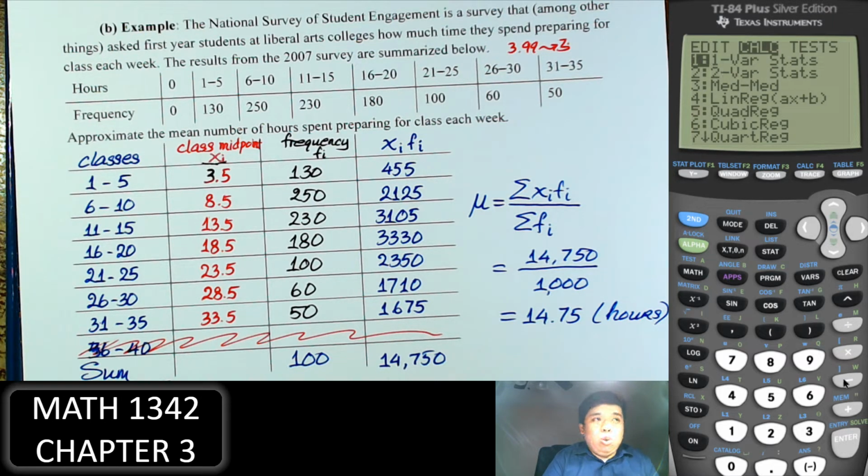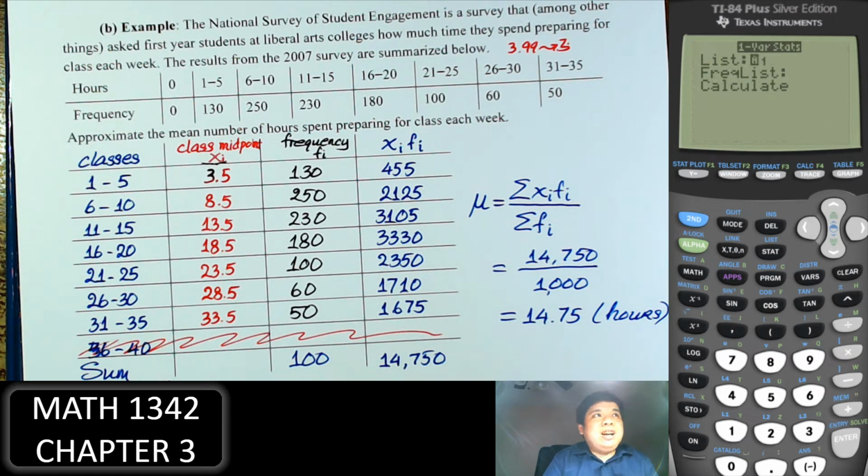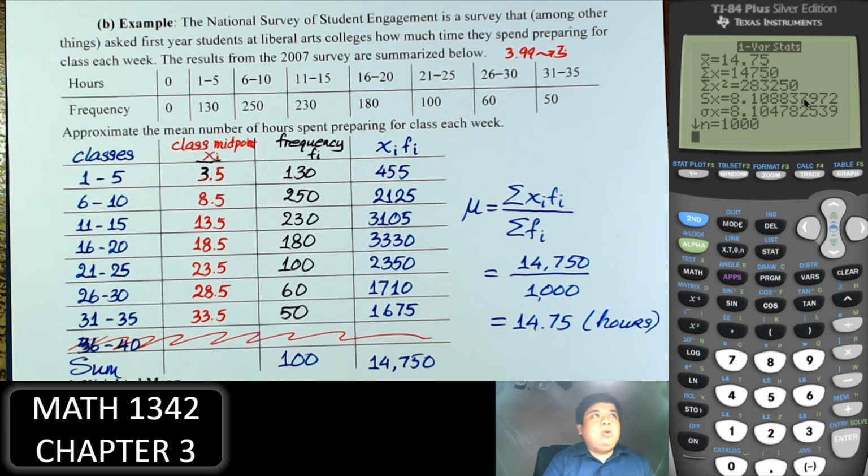Sorry, it should still be one variable statistic. List 1 and list 2 is the frequency. Now calculate. So the mean is 14.75. Simple enough.